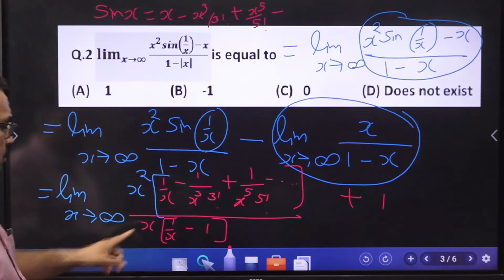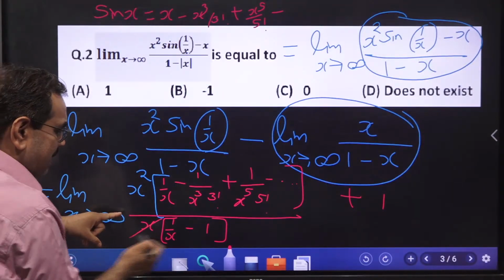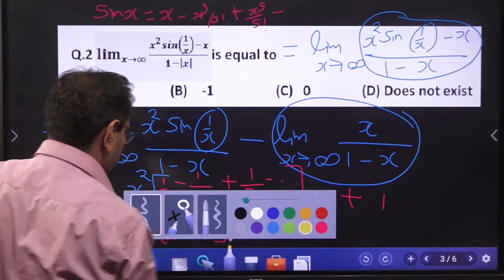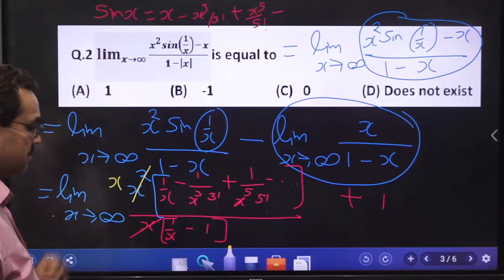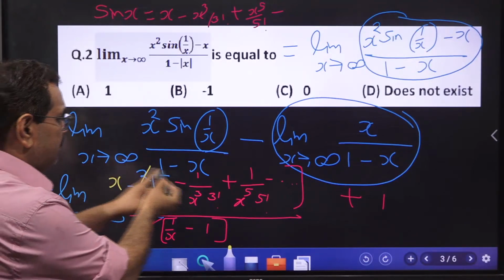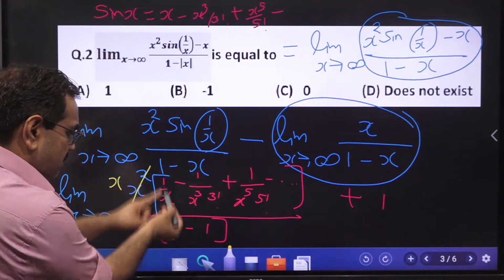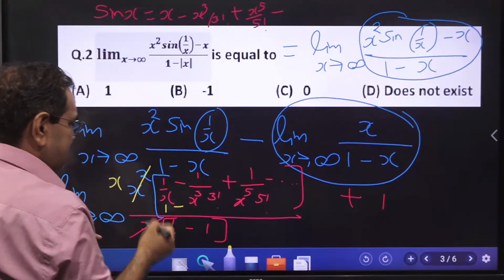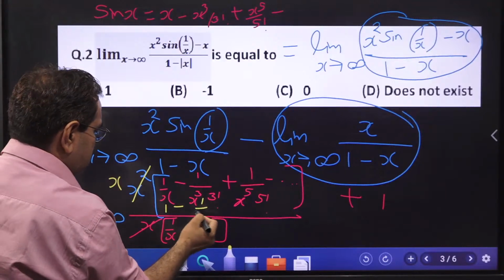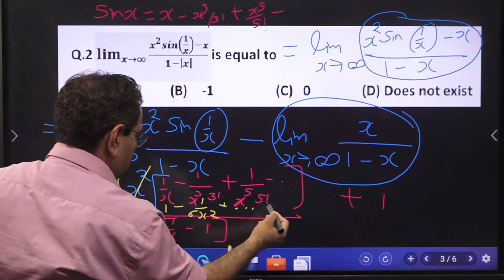Now one x from here gets cancelled with the numerator x. We have x here after cancelling, and this x can be multiplied inside. When we multiply this x inside, x upon x means 1, minus 1 upon 6x square, and plus dot dot dot.